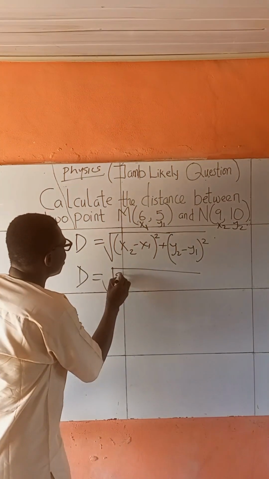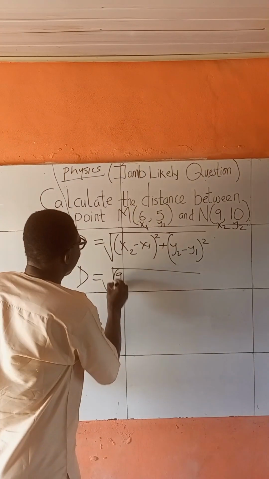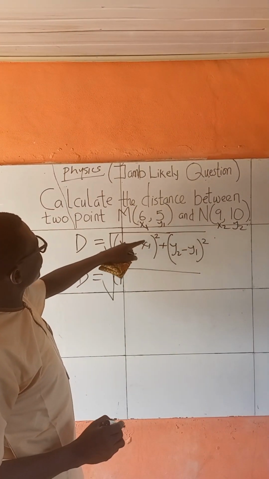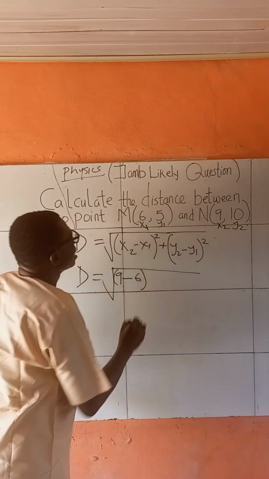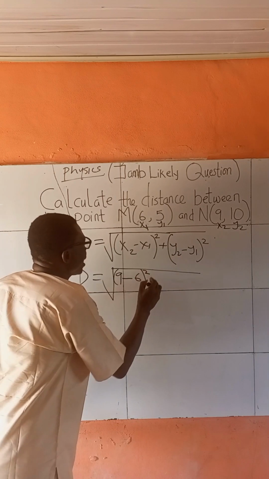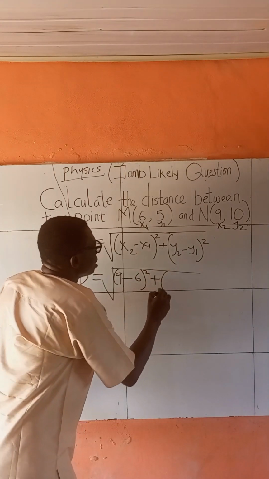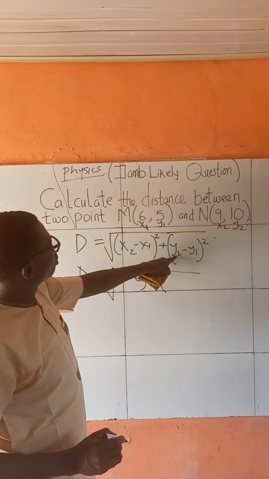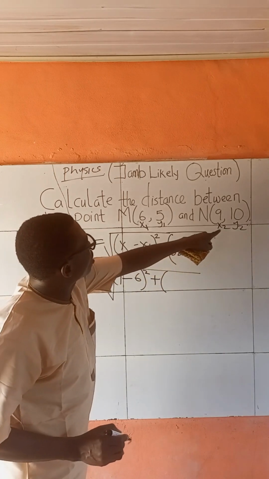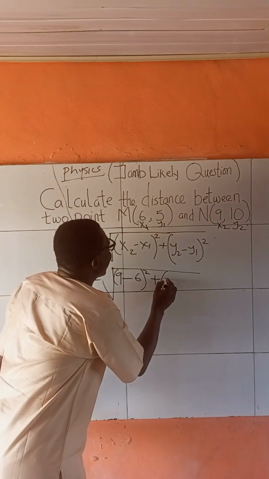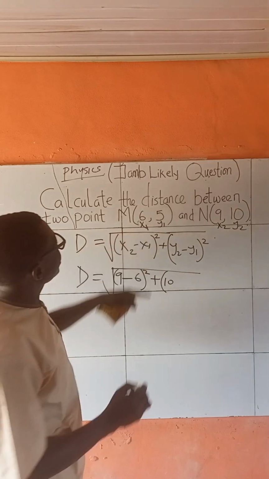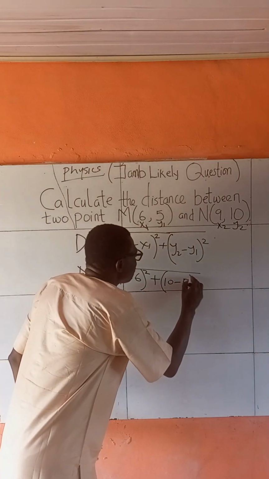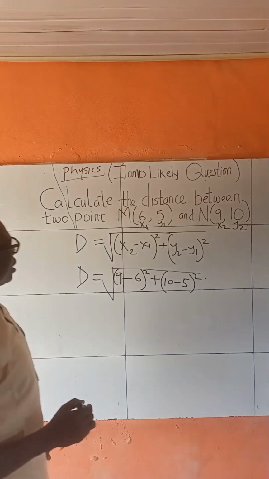So I have 9 in brackets, minus my x1, which is 6, squared, plus bracket open, what's my y2? My y2 is 10, minus my y1, which is 5, all squared.